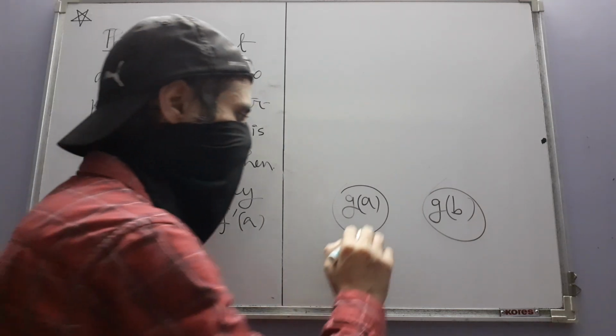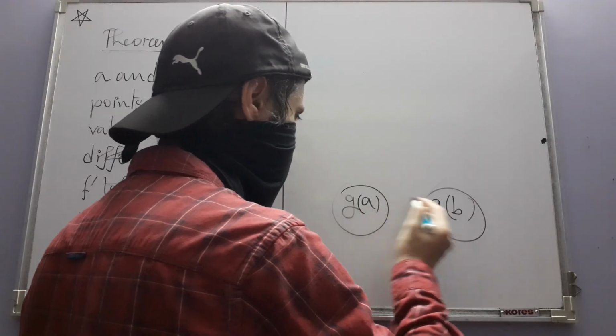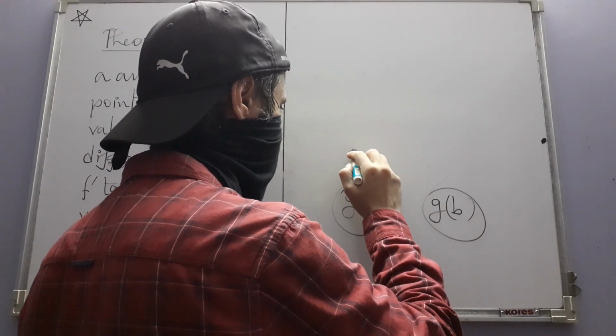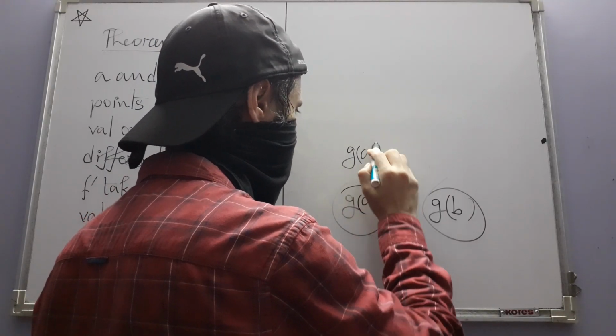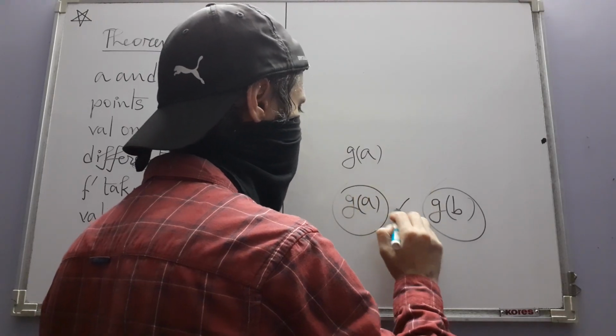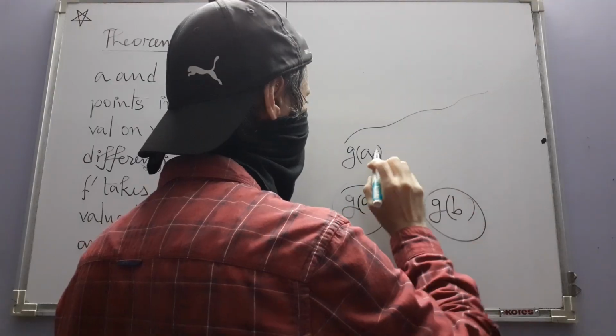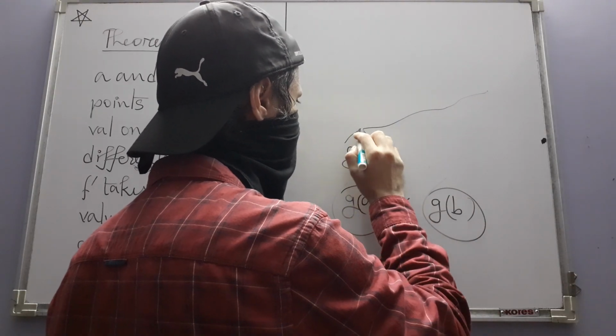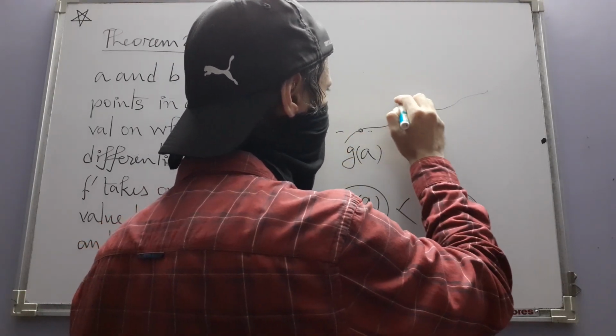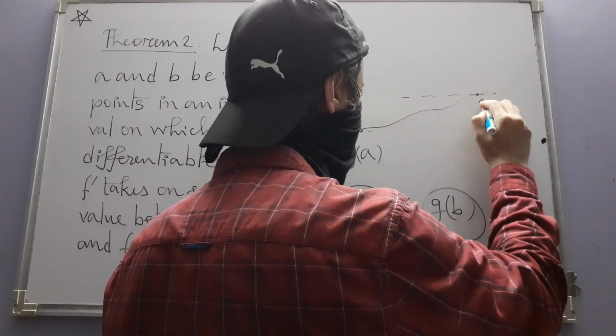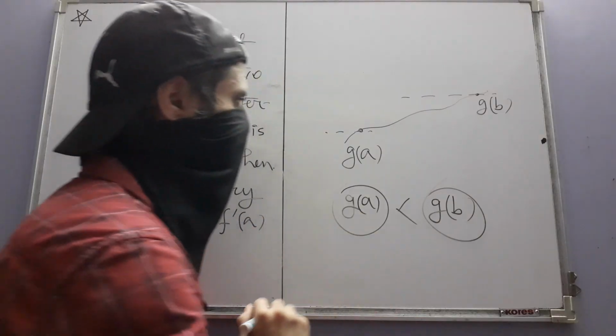Now, just for the sake of discussion, say g of a is smaller than g of b, so that the graph of g is like this. Say this is g of a and this is g of b.